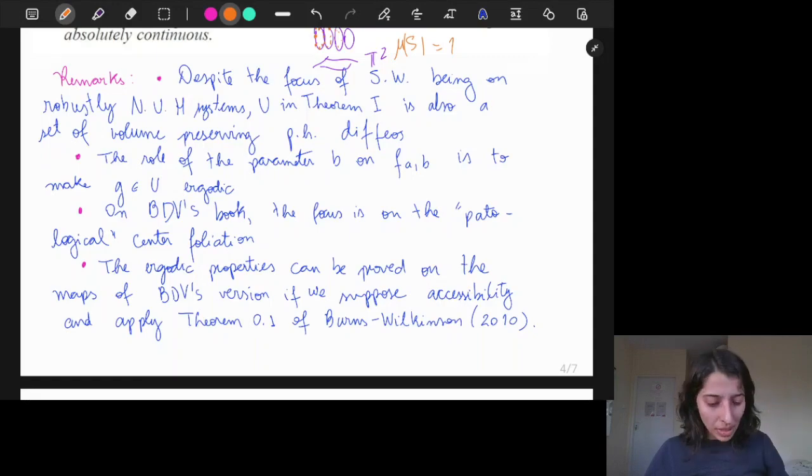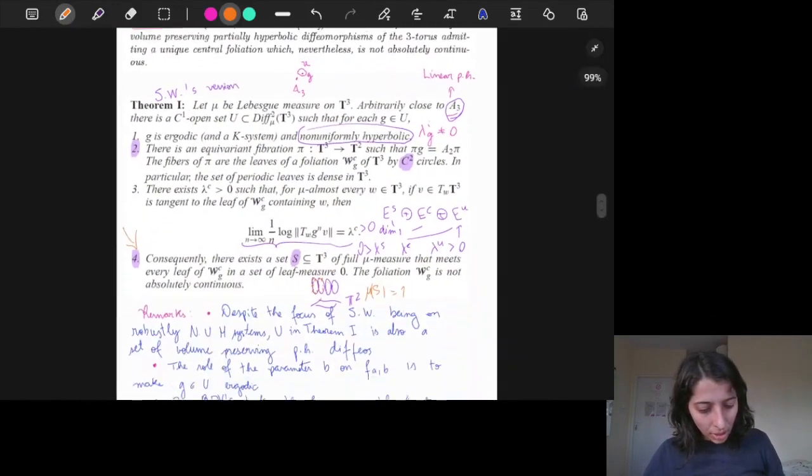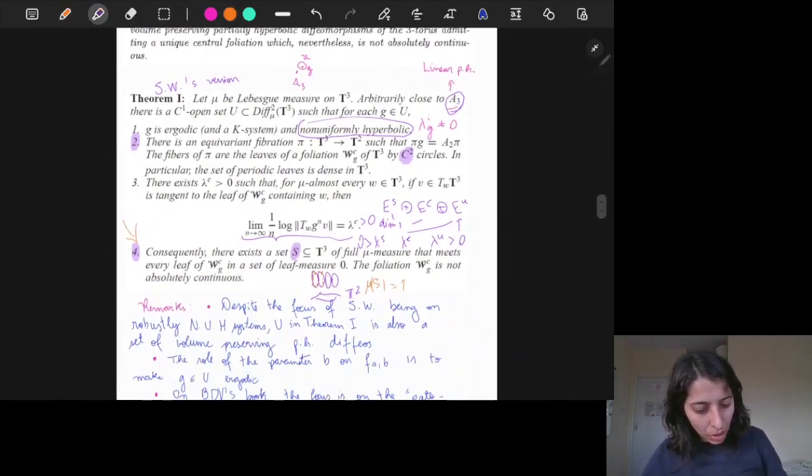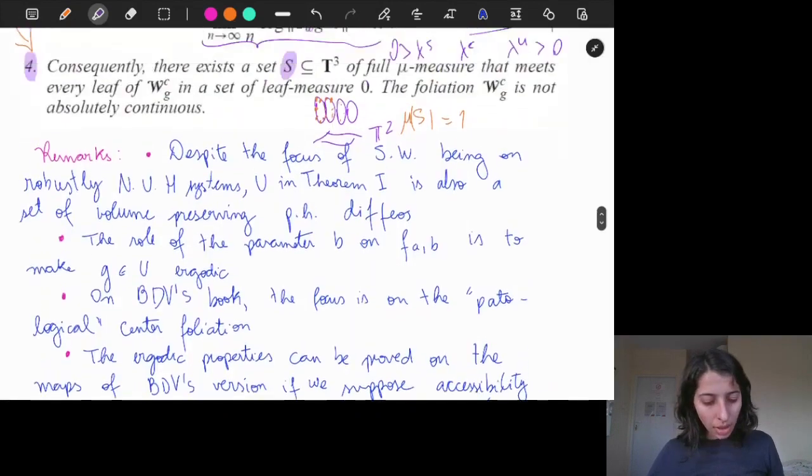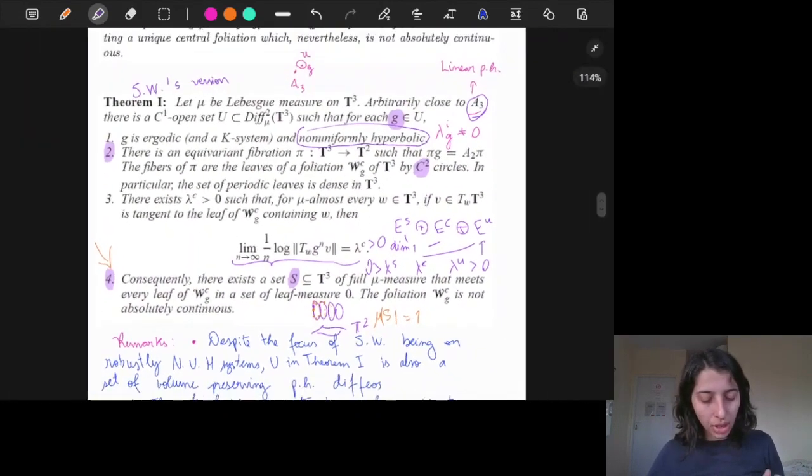But the maps they get here, this G in particular, are also partially hyperbolic. So they have a dominated splitting, they have a center direction, and in particular, this center direction has non-zero Lyapunov exponent. In this paper, they construct a family of perturbations on two parameters.